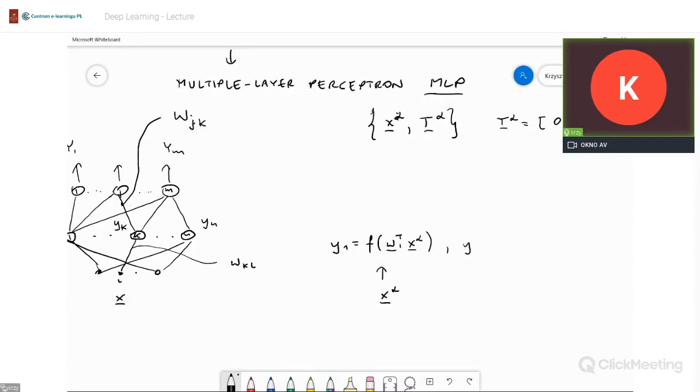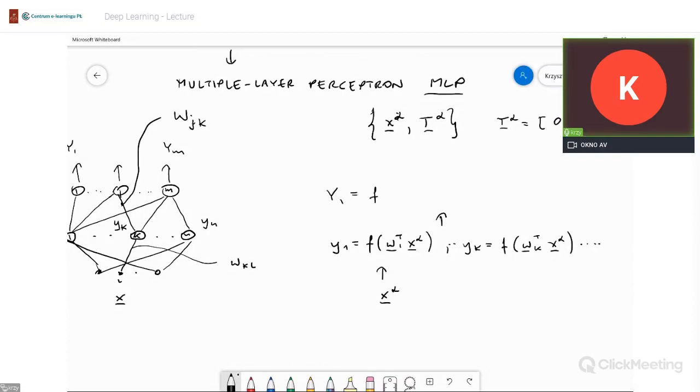The same will happen for neuron number 2, and the same for neuron number K. It will produce a dot product of its weights and input vector alpha, and so forth. Once these values are computed, the outputs are passed to neurons of the second layer, and second layer neurons will compute their outputs.